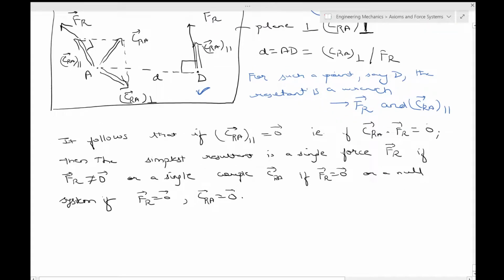Now if you have, say, a system like this, in which at one point, say O, you have F1, you have F2, you have Fi, and then you have this resultant Fr, and the last one, say maybe Fn.